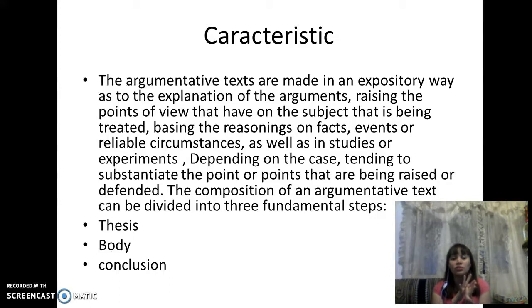The composition of an argumentative text can be divided into three fundamental steps: thesis, body, and conclusion.